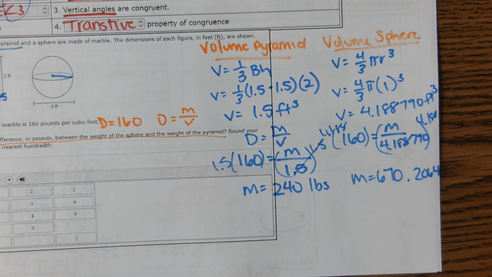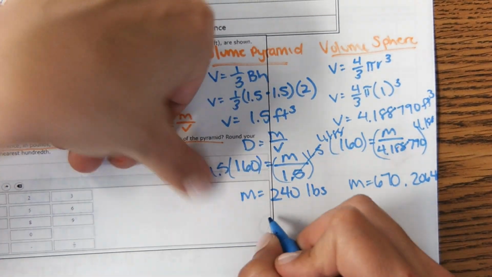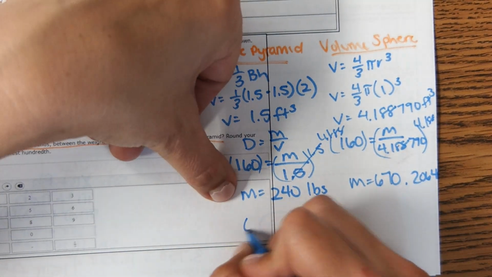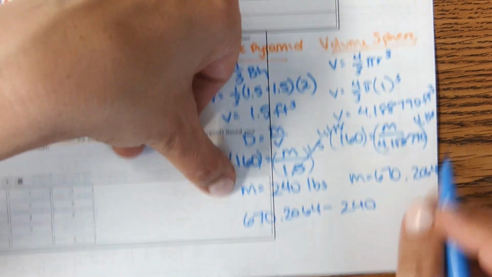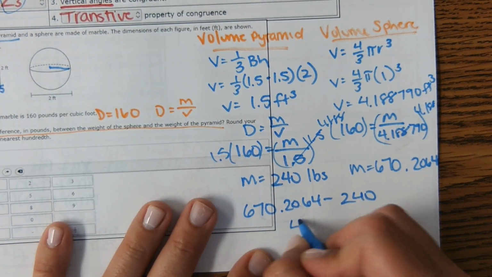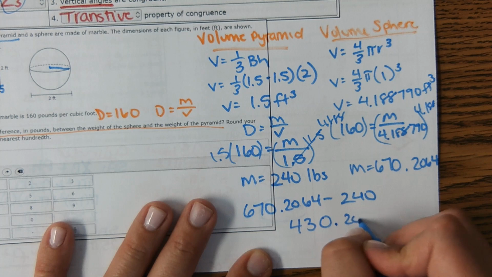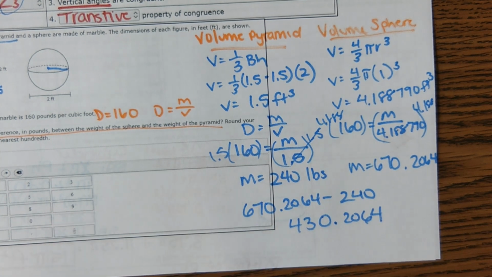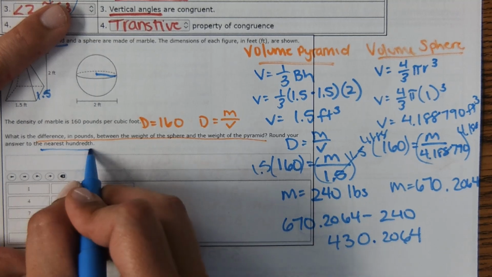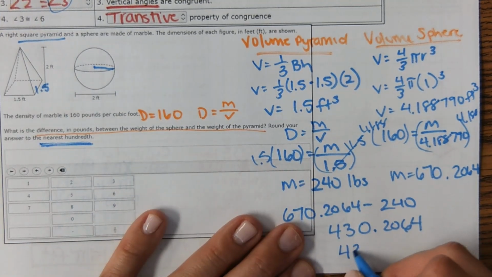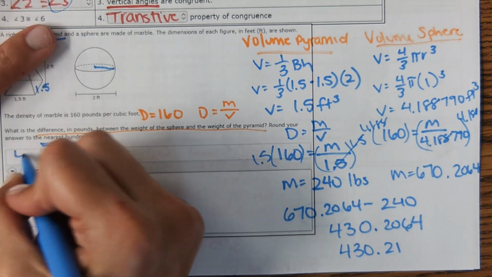Okay, and then from here, subtract. It wants to know the difference between the masses, so we subtract them, and it comes out to 430.2064. It says round your answer to the nearest hundredth, so 430.21.